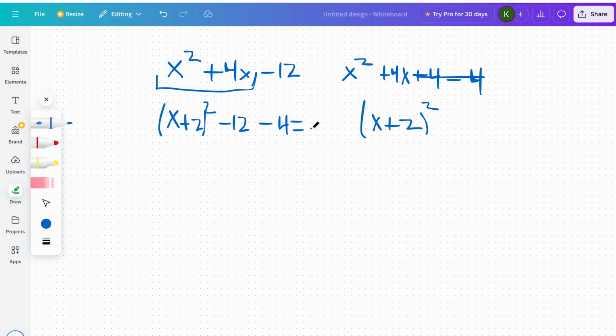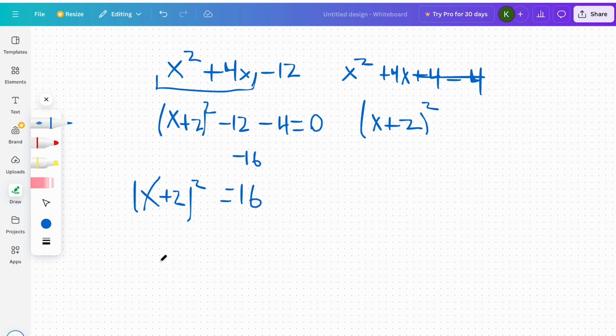So this is equal to 0. And then negative 12 minus 4 is equal to negative 16. If we add 16 to both sides, we would get x plus 2 squared is equal to 16.